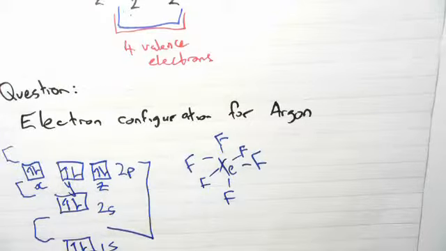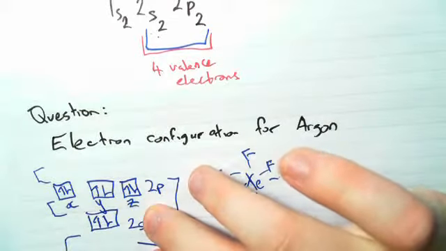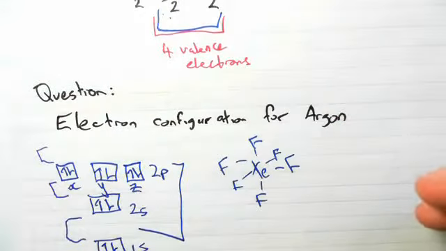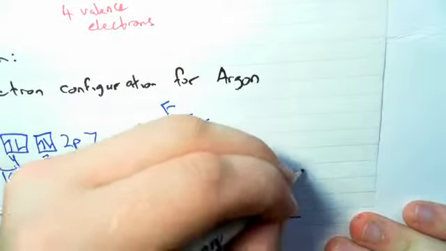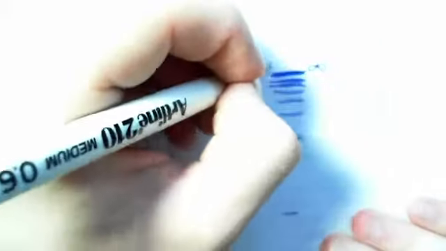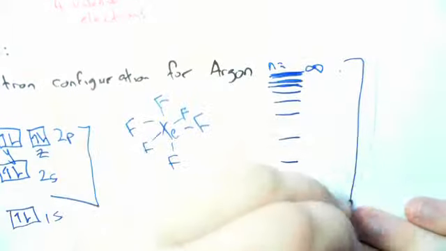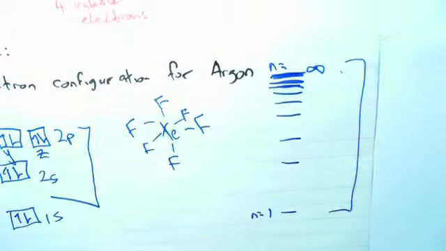So the energetic difference between a 1s and a 2s orbital is huge, while between a 5s and a 6s is quite small, and that's because you've got this type of separation. So this is your infinity, n equals infinity, and n equals 1. You can see that the energy levels are actually getting closer and closer, and that's why you get some noble gases, supposedly, that do actually bond to stuff.